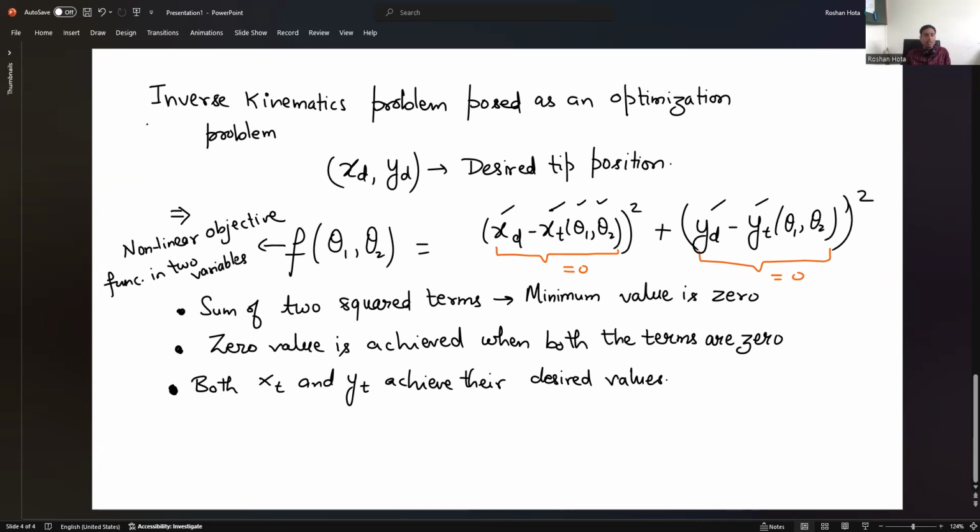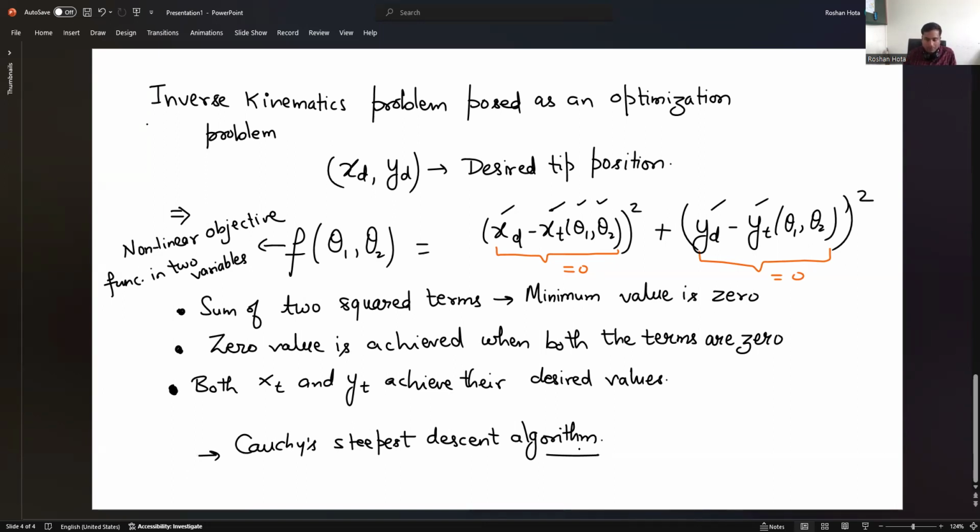Since we have a nonlinear objective function in two variables, this problem can be solved with any kind of multivariable optimization algorithm, for example, Cauchy's steepest descent algorithm. So this can be solved using Cauchy's steepest descent algorithm.